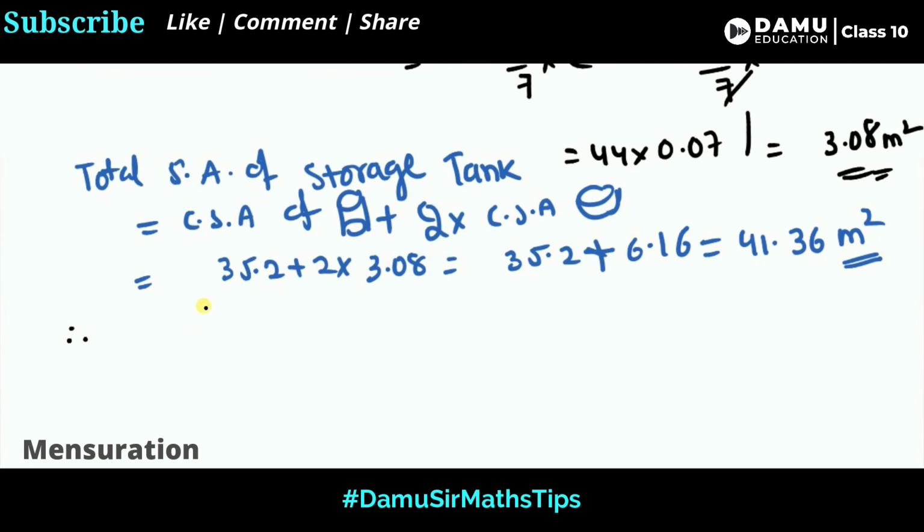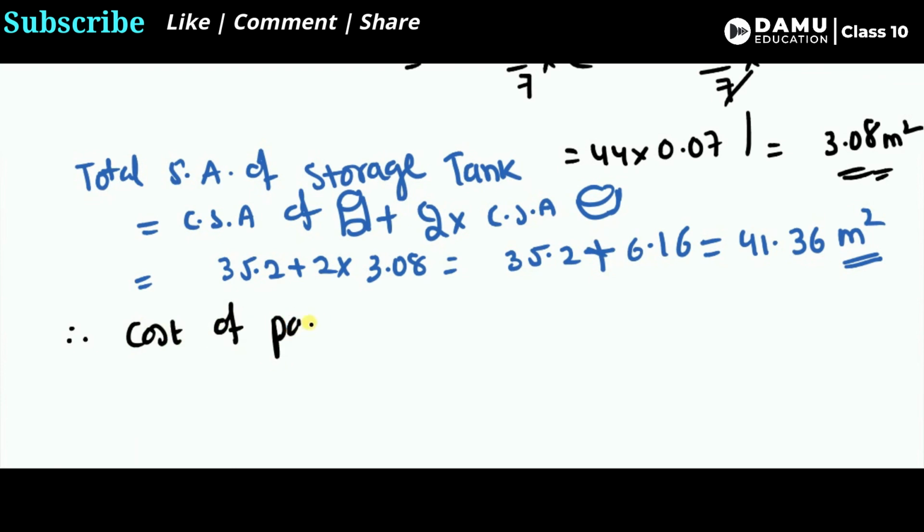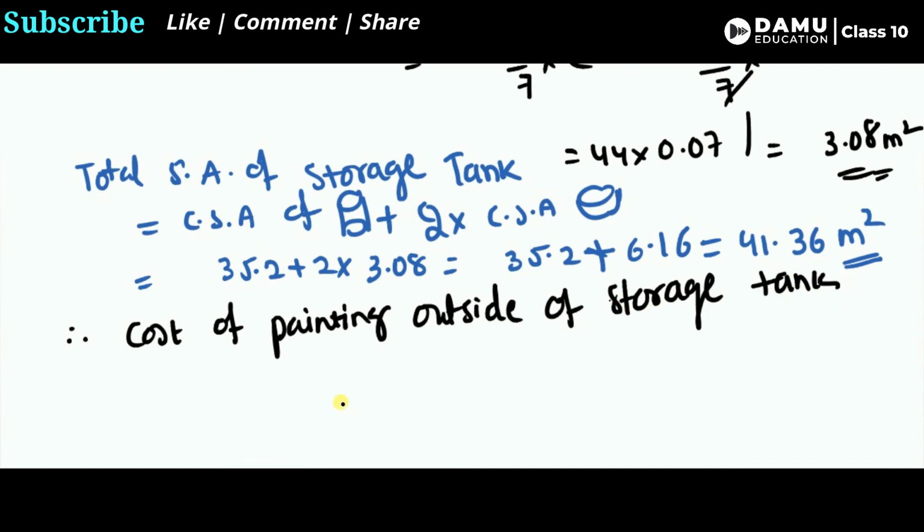Therefore, we got 41.36 as the total surface area of the storage tank. The cost of painting the outside of the storage tank will be equal to the total surface area of the storage tank into the cost per meter square.